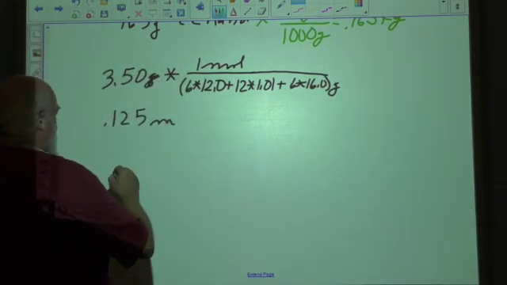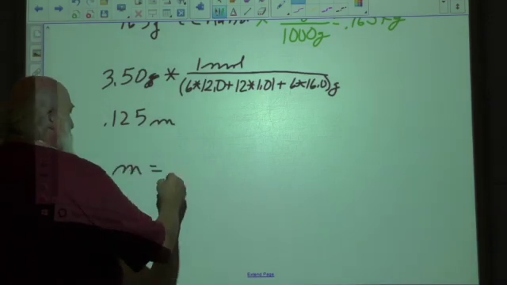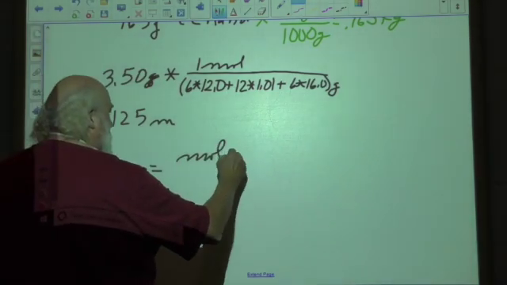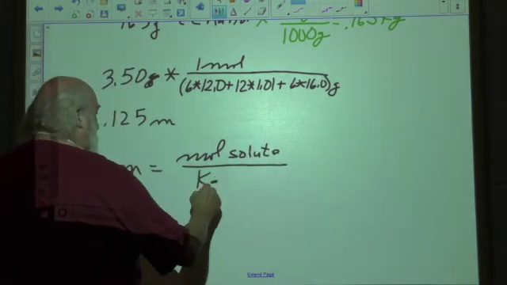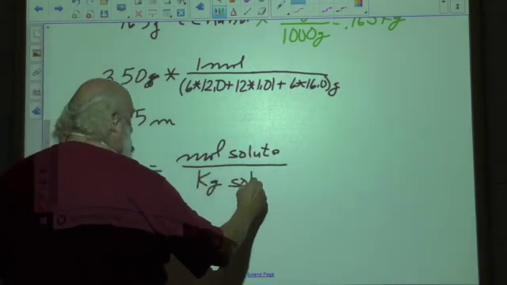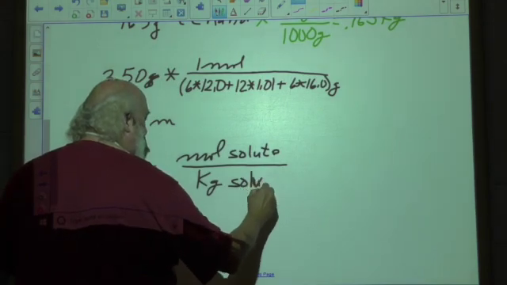And so we plug this into the formula. M equals moles of solute over kilograms of solvent.